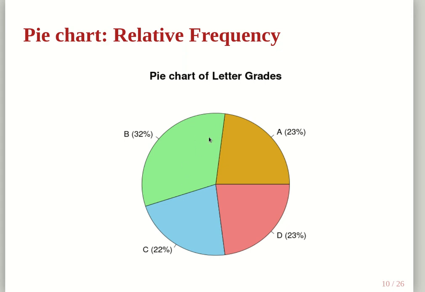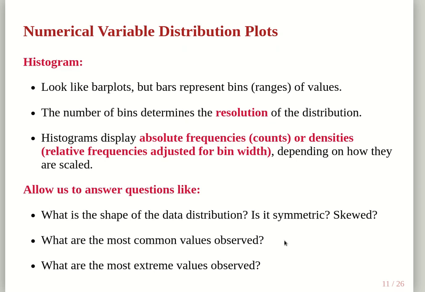So even though you can see at first glance that this green area here seems to be a little larger, it's difficult to judge quickly exactly how much bigger it is than the others. So we see here that there is a difference of almost 10% between this category and any of the other areas. And that is quite difficult to judge at a first glance. Alrighty, and then we move to numerical variables.